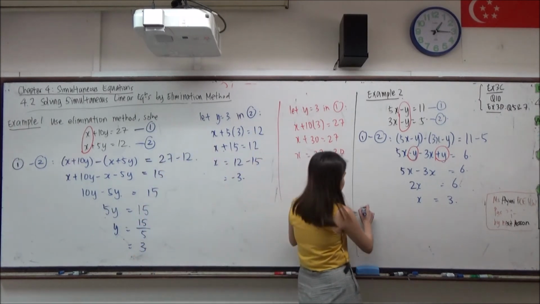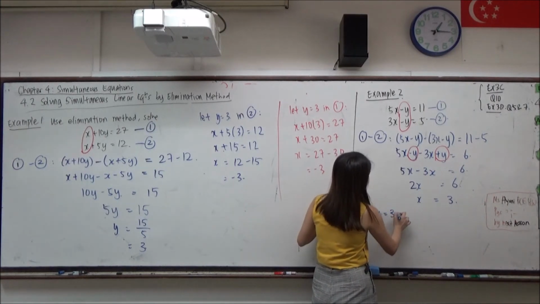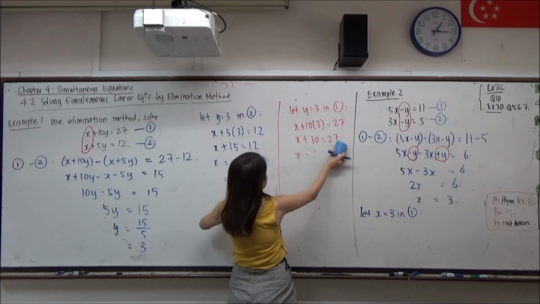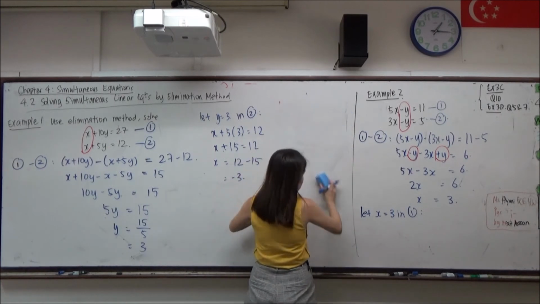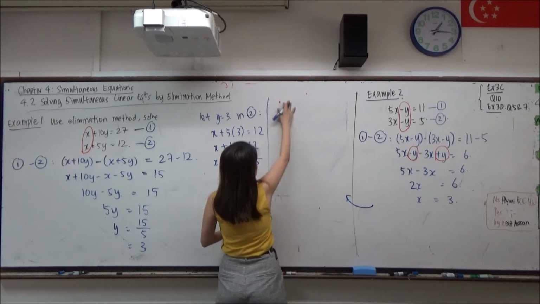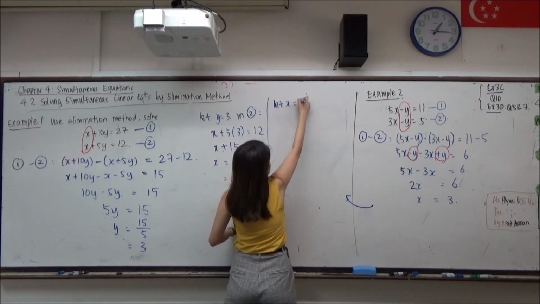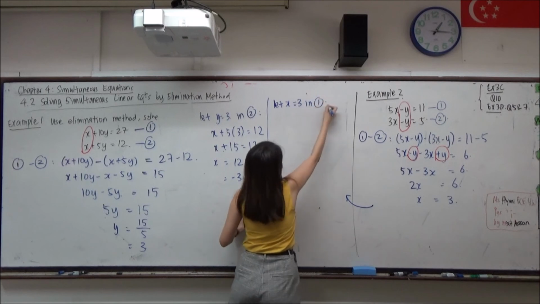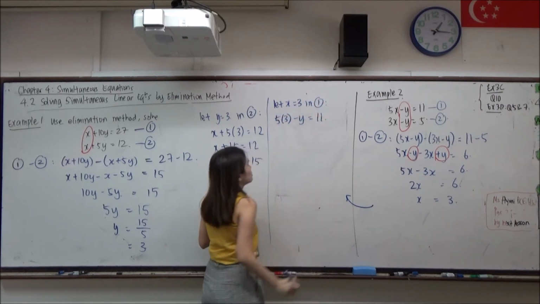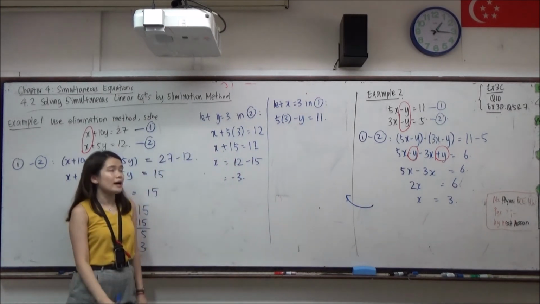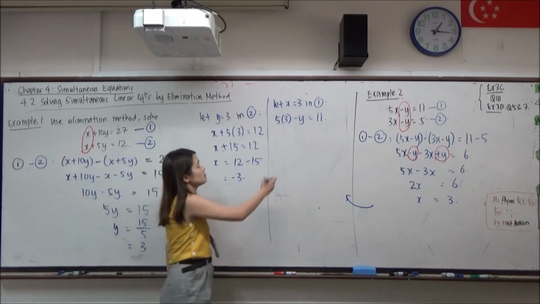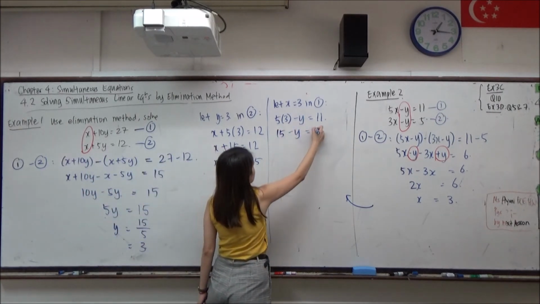Okay, so now we finish up the question. We let x equals 3 into the first equation. I erase this part. So I let it into equation 1 and replace the x value as 3. I will have 15 minus y equals 11.